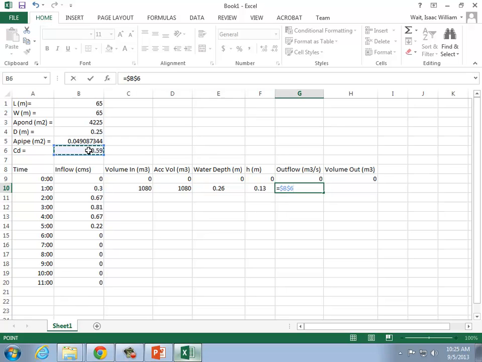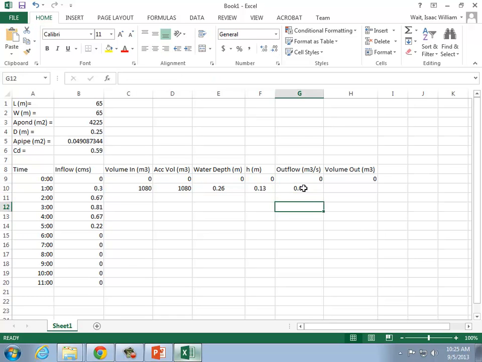Okay, so C sub D times the area of the pipe, also anchoring that reference, times the square root of 2 times G, 9.81, times H. Not anchoring that. I want that to change every time I drag that down. So this is the flow rate out.